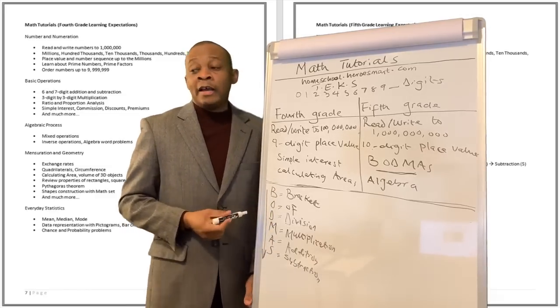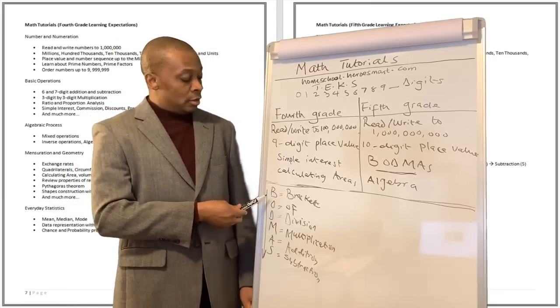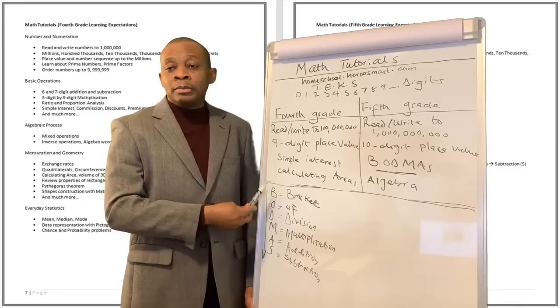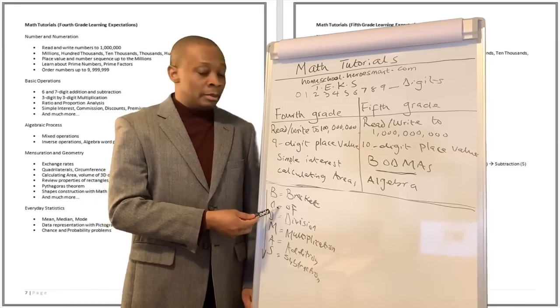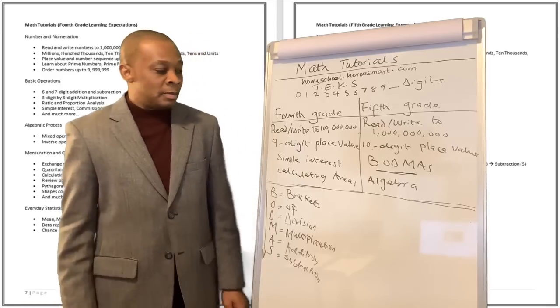So if you have a couple of numbers in a bracket, you want to solve those numbers in the bracket before you solve the numbers that are potentially division problems. So what am I talking about?